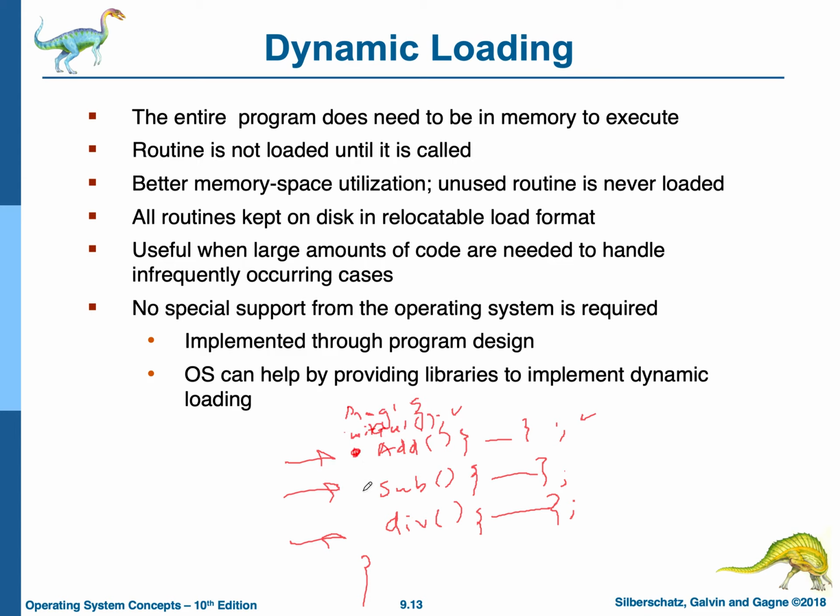So these two are the primary functions, while multiplication and division are not primary functions. So these two will not be loaded into the main memory. Only the main modules would be loaded into main memory.